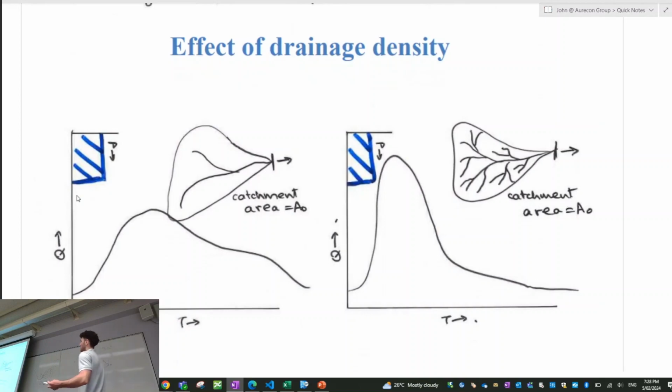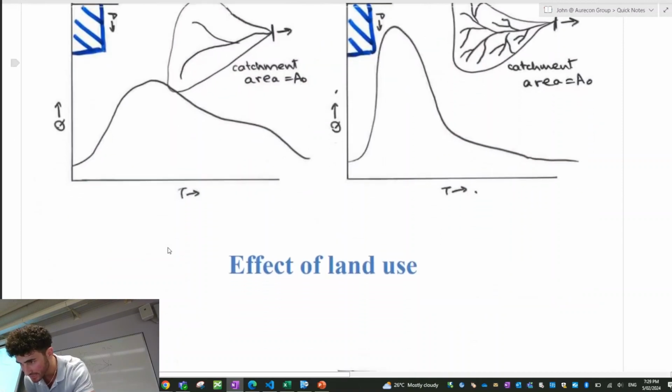Anyway, in this one they've got basically one main trunk and then one smaller stream coming off it, and that's going to affect it because the water's not going to be coming down as effectively. Whereas with more waterways, you're going to have more water coming out more effectively. It's not going to be intercepted as much. It's going to be flowing straight through the mountains and then exiting much faster. So that's how the density of drainage waterways affects it.